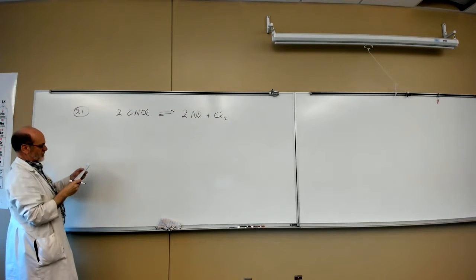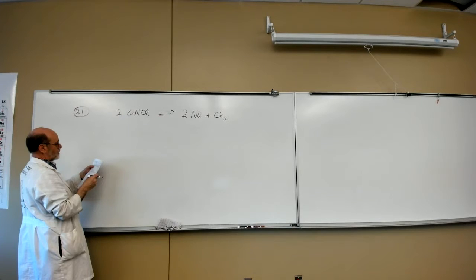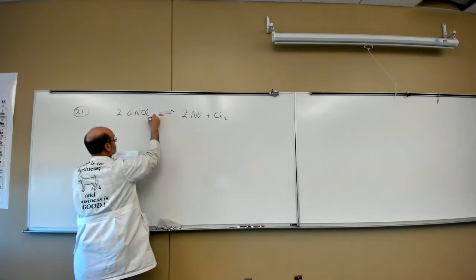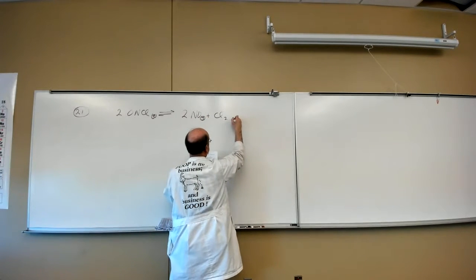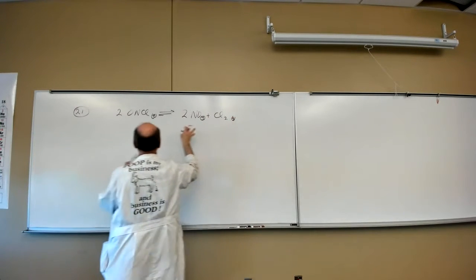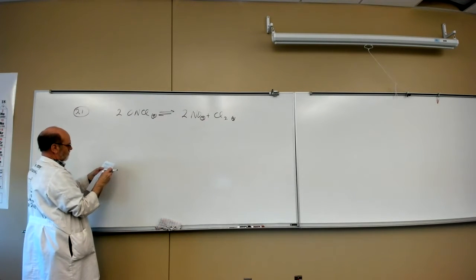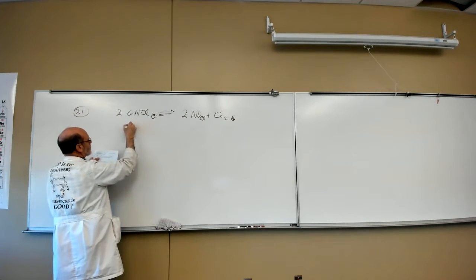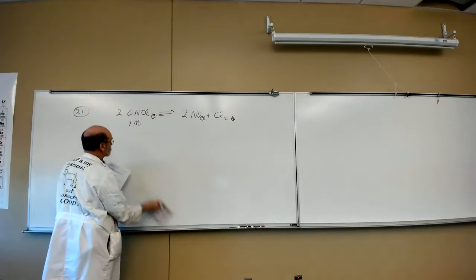Our starting position, 1 mole. I guess they're all gaseous. That has to be. Nitric oxide, chlorine gas, they're all gaseous. So 1 mole in a 1 liter container is 1 molar concentration.